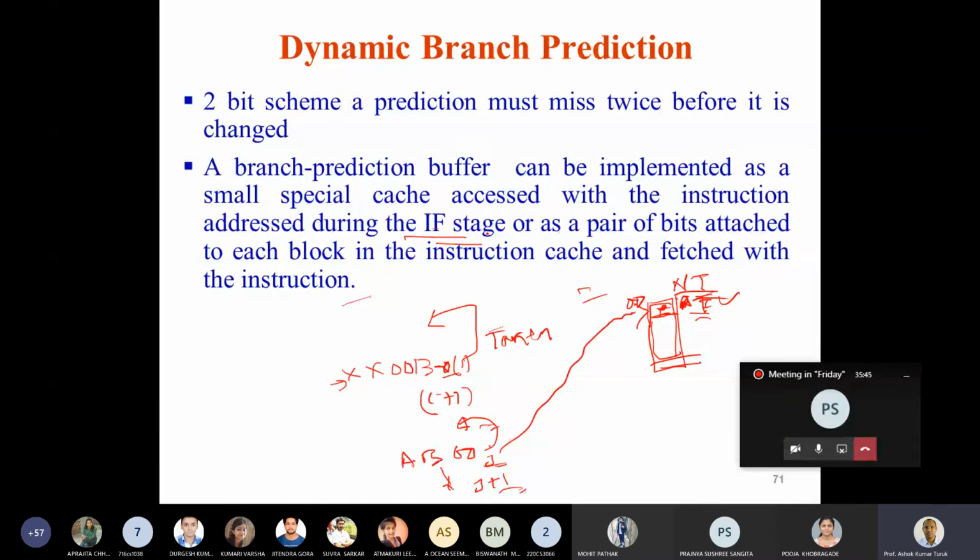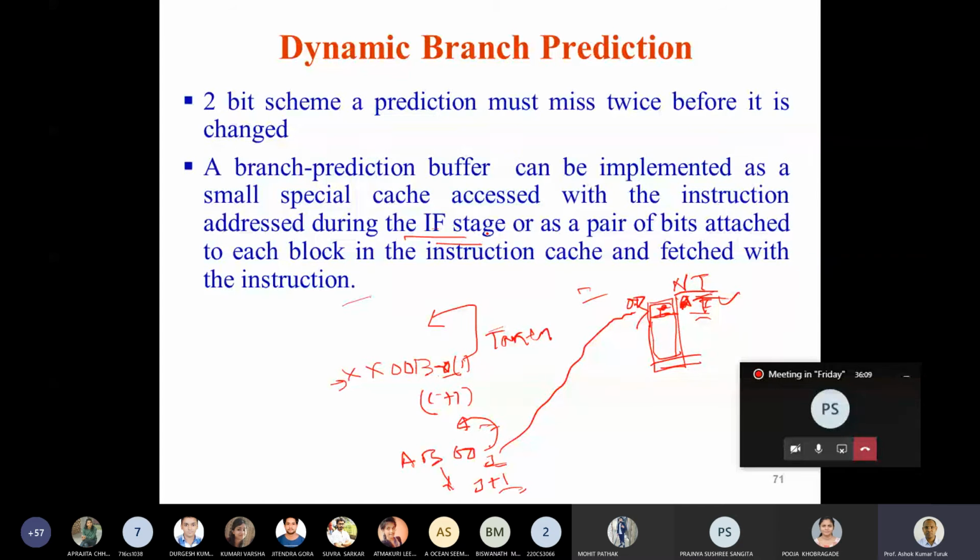If it is a branch instruction, then the prediction information is already available. And if the branch is predicted taken, fetching begins from the target as soon as the program counter is known. Otherwise, sequentially fetch and start executing the instructions. So this is how the branch prediction buffer can be implemented.